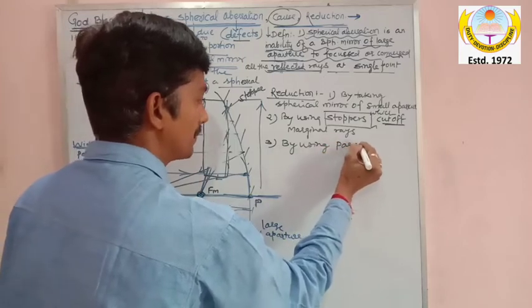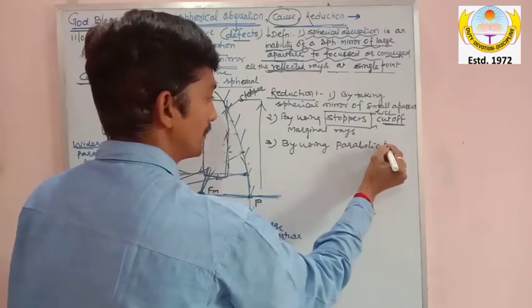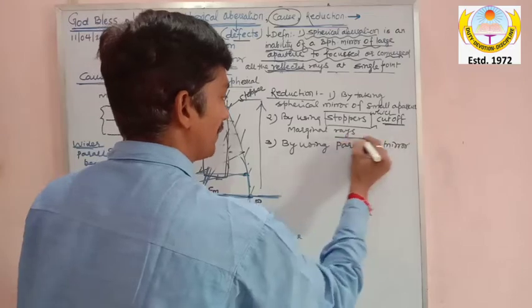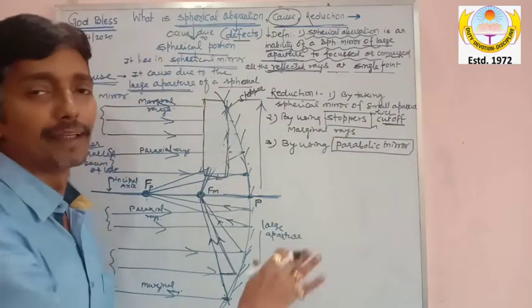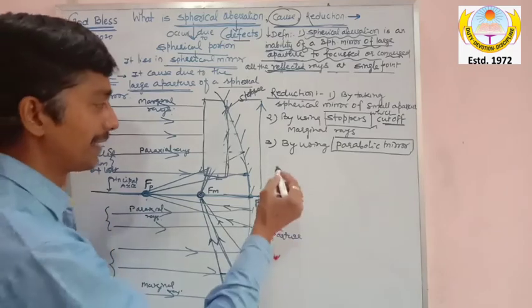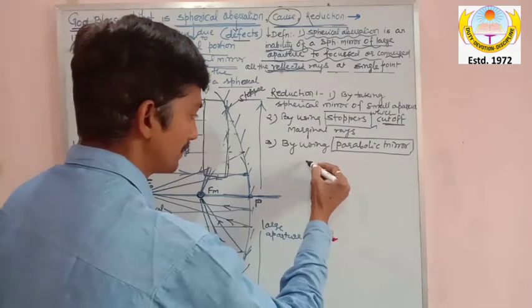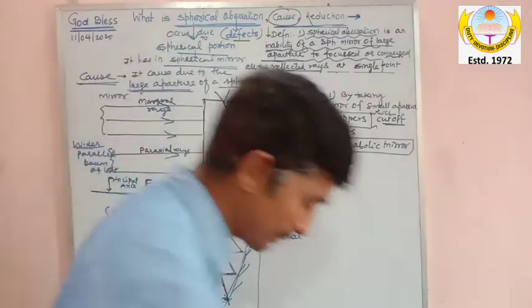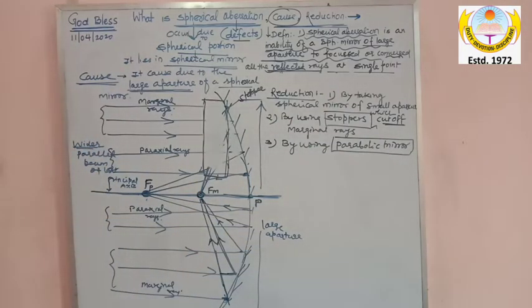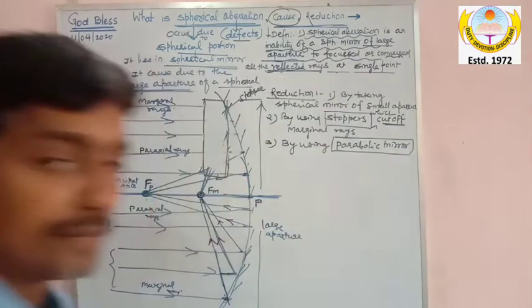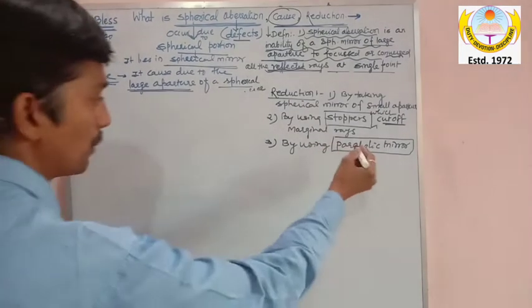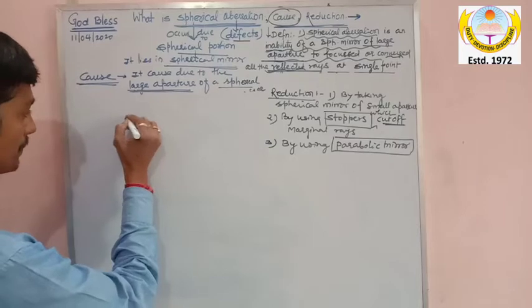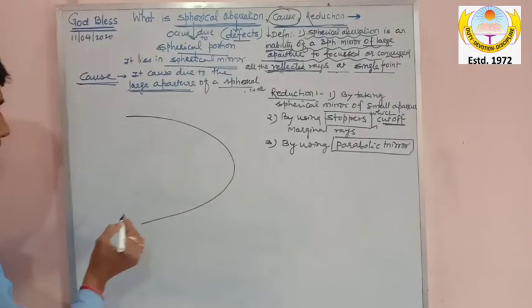parabolic mirror. Please, this is very important, and then we will go to the uses of the parabolic mirror. By using a parabolic mirror, look at the diagram. Say I am drawing a parabolic mirror here. This is the parabolic mirror.